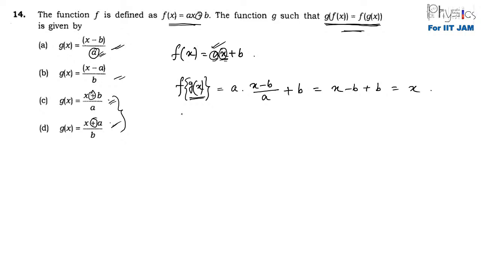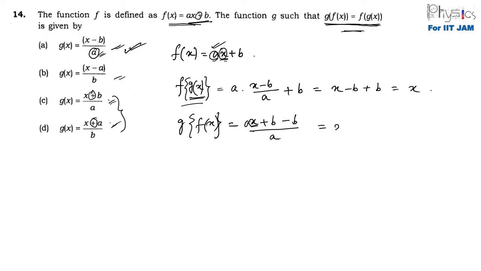Again, if we do the same thing for this option, it will give us g of f(x), that is, g(x) means x, so here ax plus b, (ax plus b minus b) by a, right?